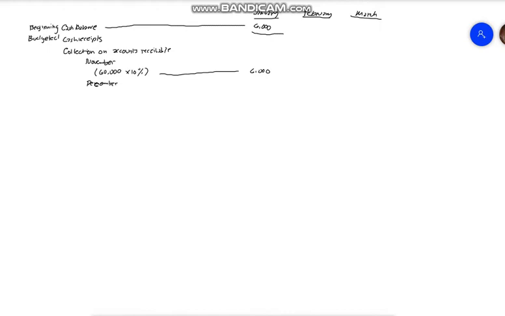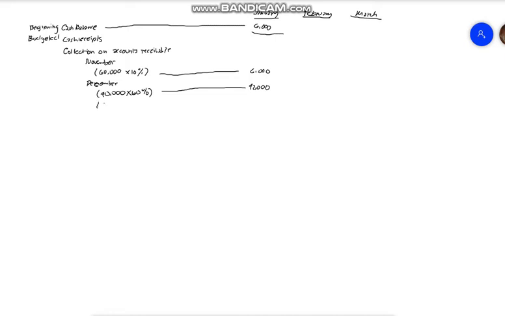Since the total sales for December was 70,000 and January is the first month after the actual month, we're going to place here 60% under January. So this is 70,000 times 60%. That's 42,000. And what's applicable for February would be the 10%.